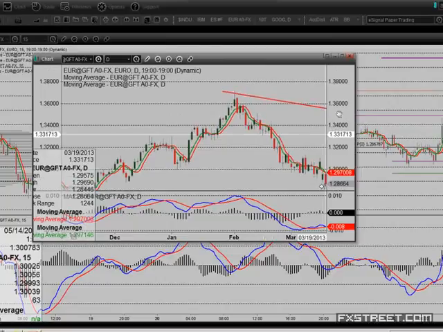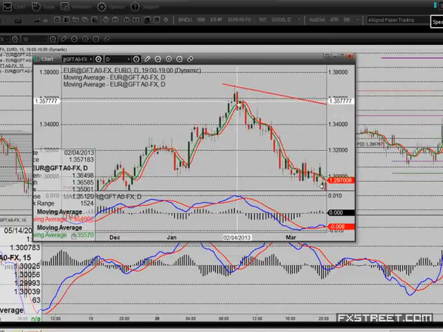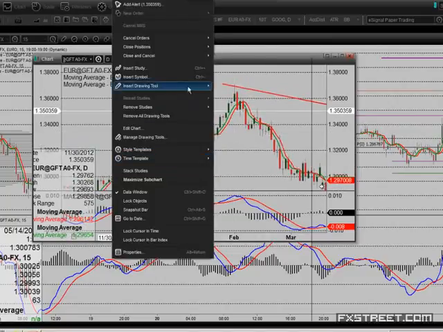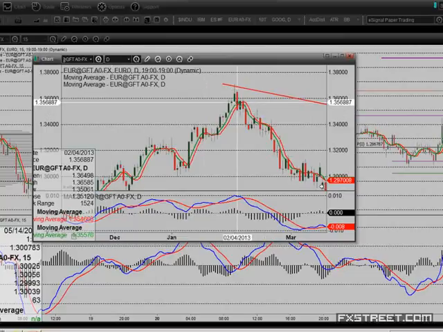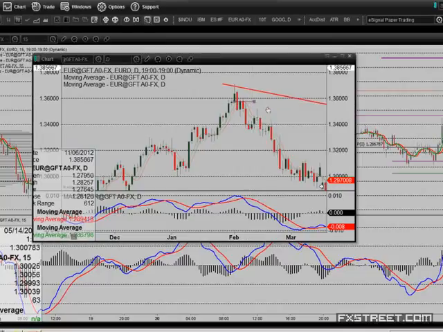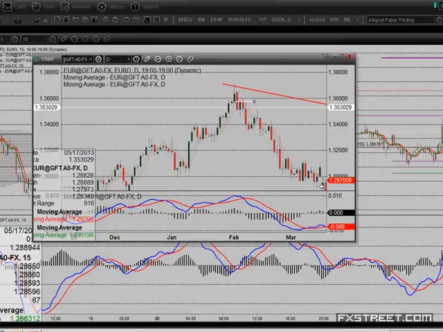Okay, the highest closing candle in an uptrend right there. So the low, I'll put a white line on there. That's the low of the highest closing candle in an uptrend, right there.